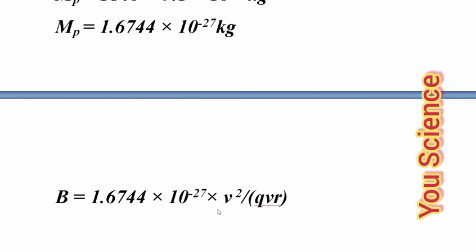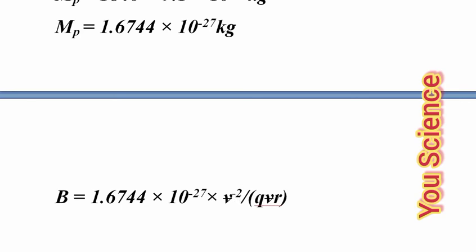Now from here, one of these v cancels out with this v, so we're left with just one v.